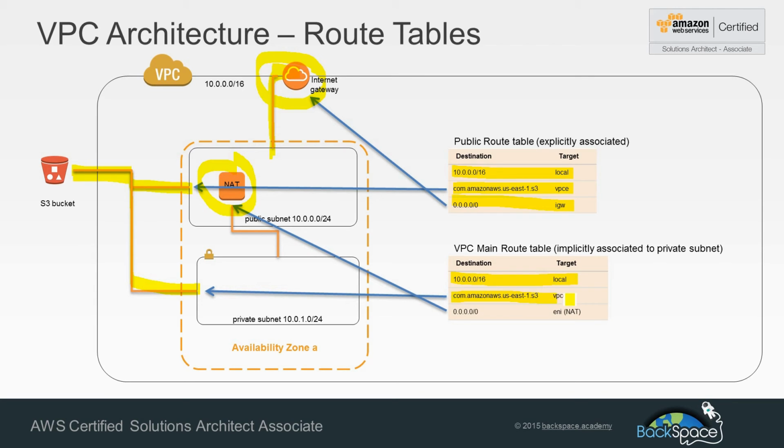We have our VPC endpoint for the S3 service, and what's different here is that traffic going out to the wider internet will be going through to the elastic network interface of our NAT. So our private subnet is connecting to the elastic network interface of our NAT, and that NAT will be connecting through our public subnet out to our internet gateway.